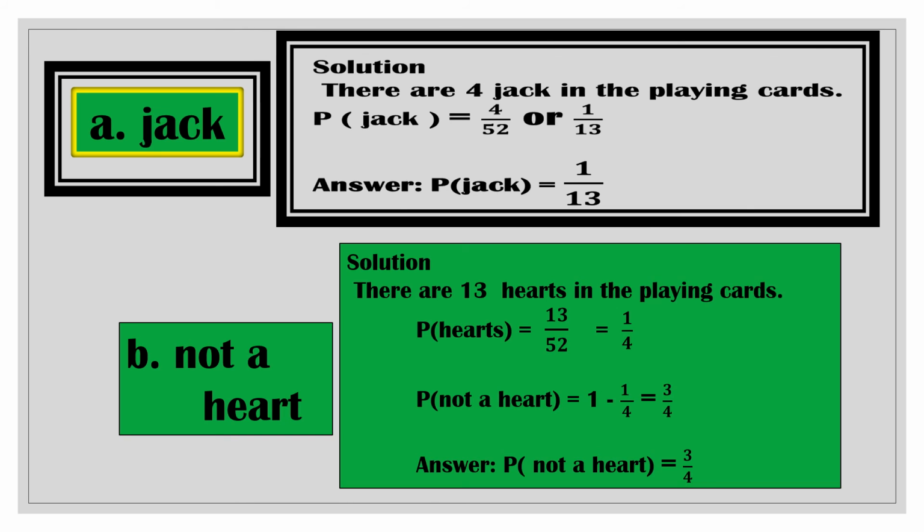So this is the probability of an event happening. Now, the probability of an event not happening: the probability of not a heart is equal to 1 minus the probability of heart, which is 1 over 4. So it comes out, the probability of not a heart is 3 over 4.